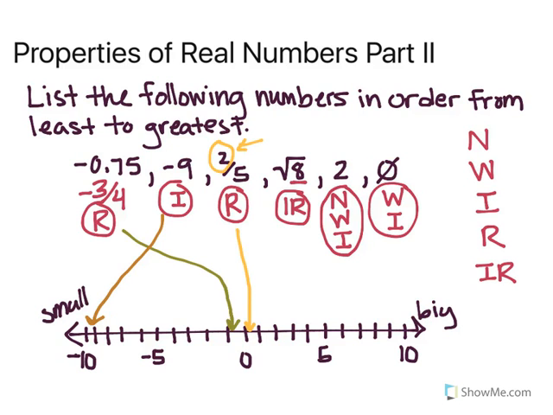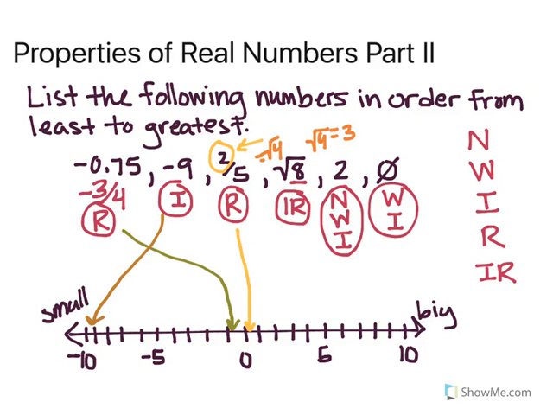And the next one that we have is the square root of 8. Now keep in mind from the previous video as well that we want to think of our perfect squares that surround this number so we know what it's between. I know that to the right of it we have the square root of 9, which is 3. And to the left of 8, the next perfect square would be, it's not 7, 6, 5, 4. It's going to be the square root of 4 because that is equal to 2.